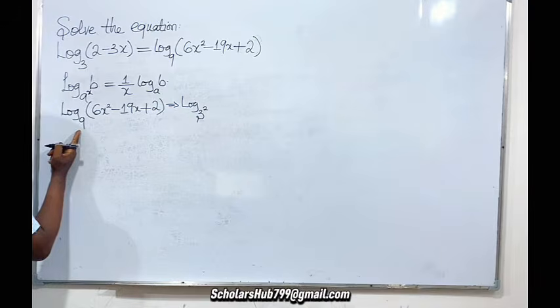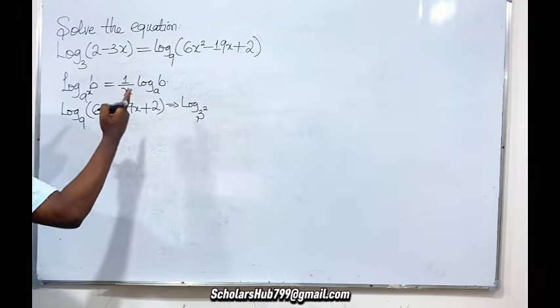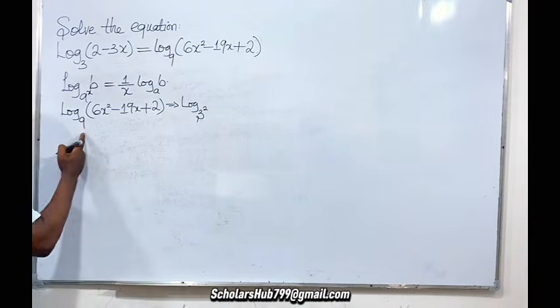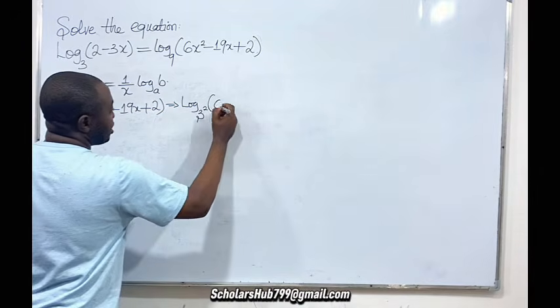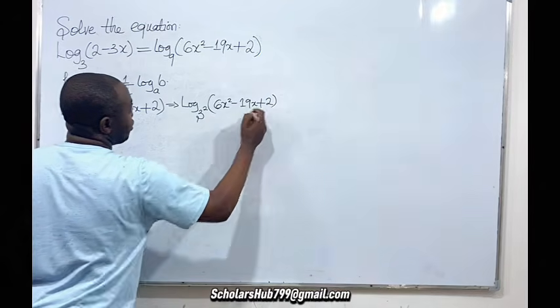When we write 9 in terms of base 3, that is 3 times 3, which is 3 squared, and 3 squared is 9. So of (6x² − 19x + 2).